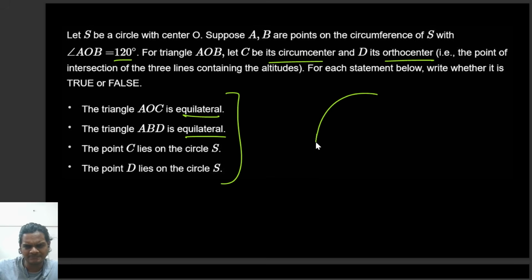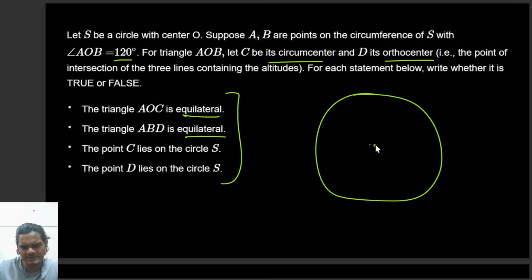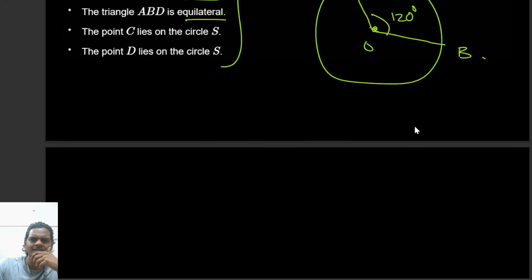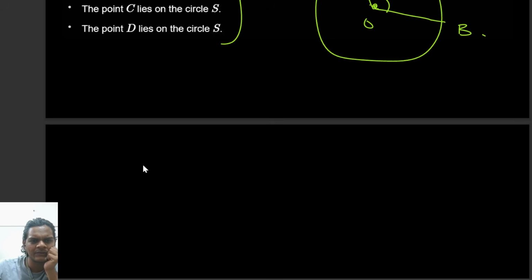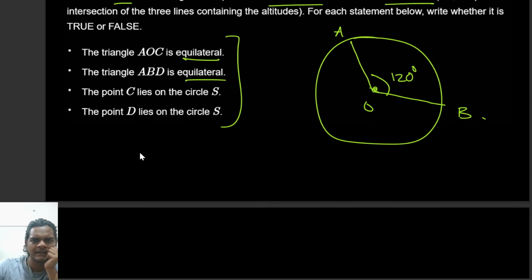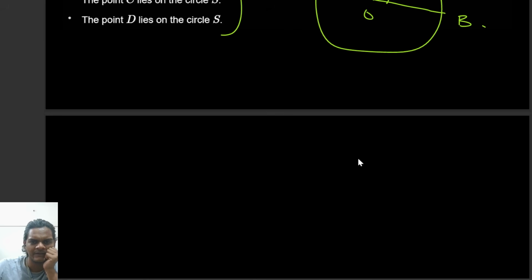You see, it will look something like this. This is O, this is say A, and this is say B. So that is 120 degrees. In general, let's say C is somewhere. Let's not be concerned about our circle as of yet.